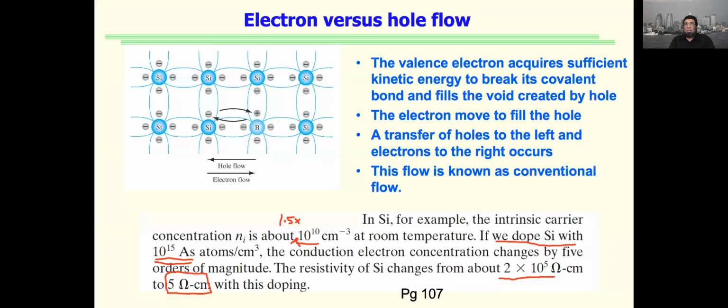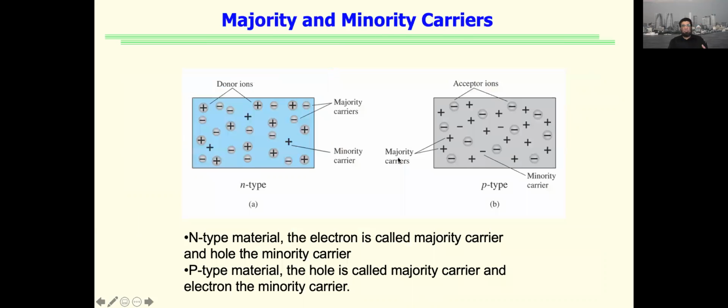Now, at this stage, there are a few things which we would readily know whenever we look at it. In an N-type material, we distinguish electrons, we call them majority carriers. When you say majority carrier, it means you're talking about the high number of charge carriers.